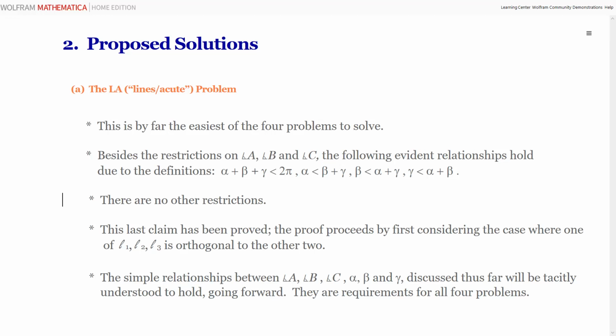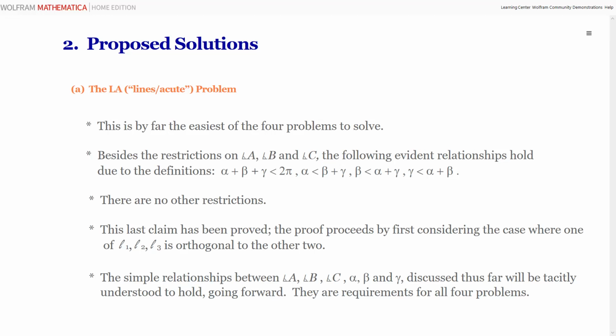Now, here's something that's not so obvious, something rather non-trivial. So far, to me, it's non-trivial. I claim that in the LA problem, there are no further restrictions. As long as the restrictions already mentioned are satisfied, then the question in the LA problem is answered in the affirmative. It's basically an if and only if.